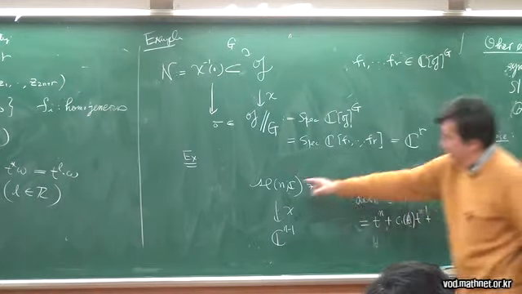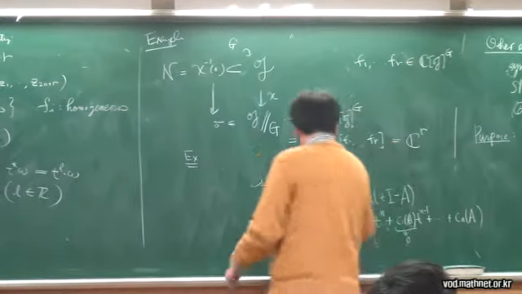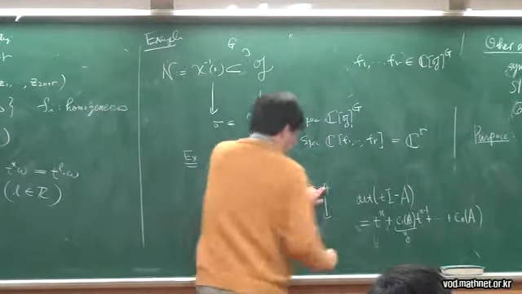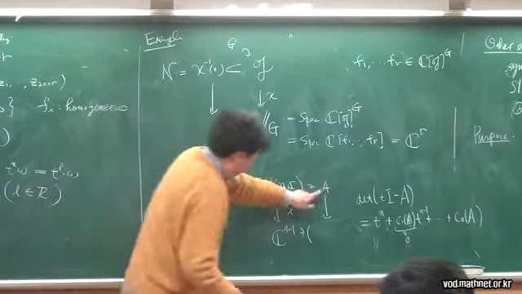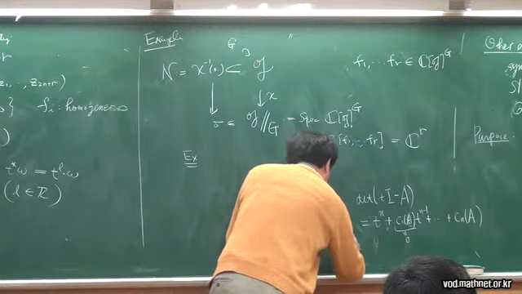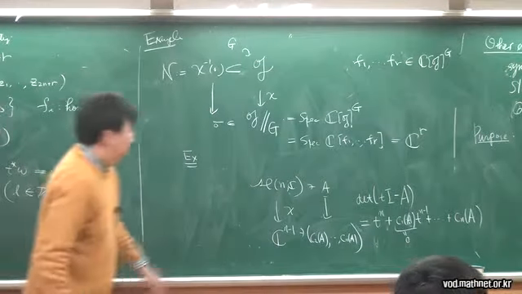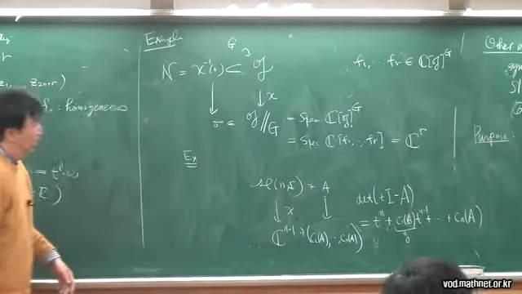But A is trace-free, so the T^{n-1} coefficient is 0. So this is the map associated to A, to (c_2, ..., c_n). And what is a nilpotent matrix?